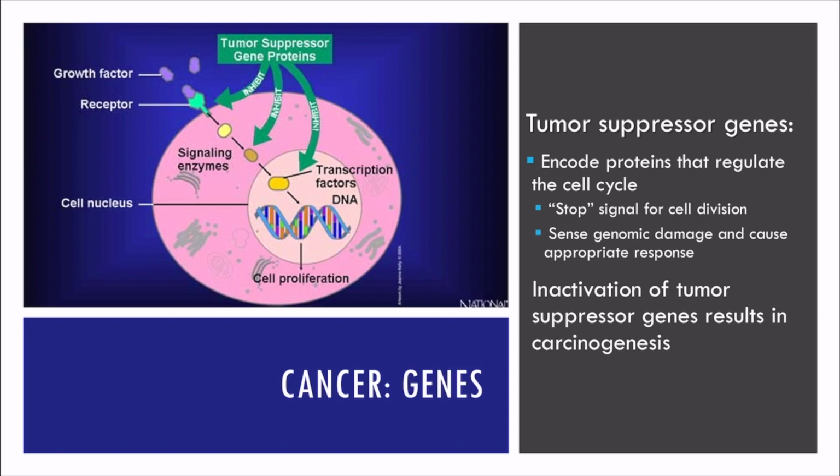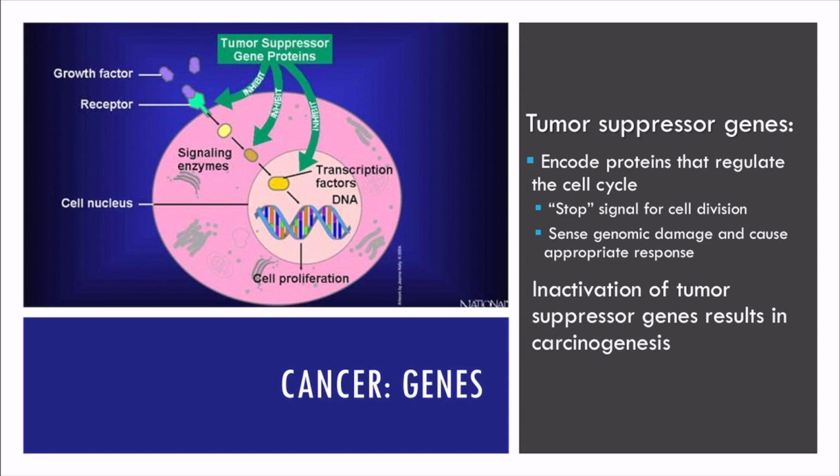So tumor suppressor genes can fall in this category where they're looking at the genome to determine if everything is correct, and if something is wrong, trying to figure out what to do about it. Either fix it, correct it. It might be a reason that the cell has to go through apoptosis because the damage is too significant. They're an important caretaker gene.